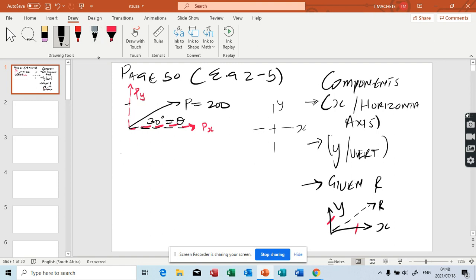So if you transfer this y-axis to this side, then they must go away from the pivot point. Remember, this is your Py, this is your Px. This is how you transfer. As you can see, this is a 90-degree angle there. So this is a right angle triangle.